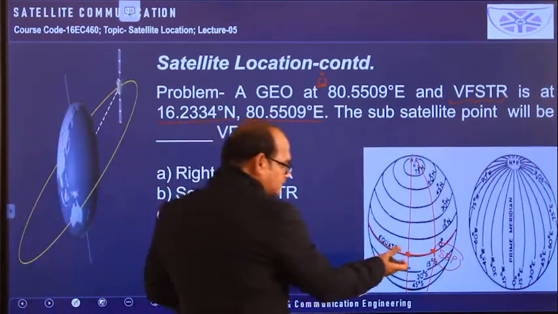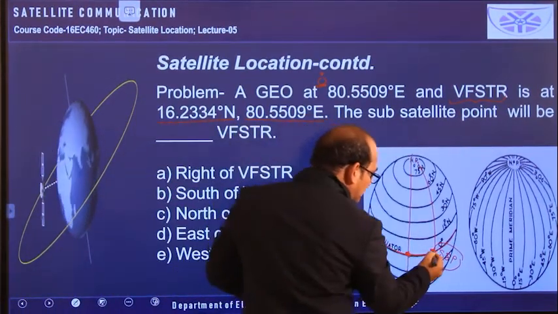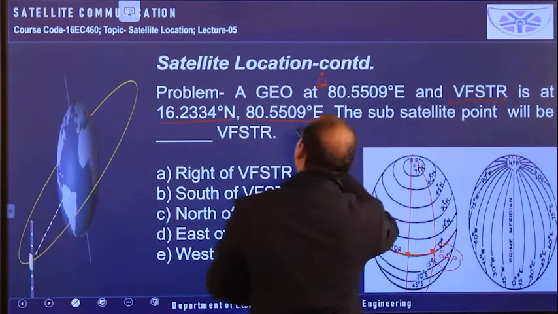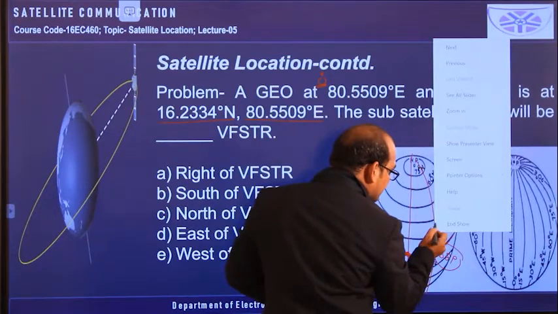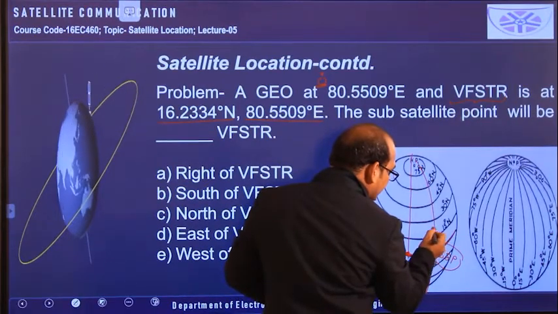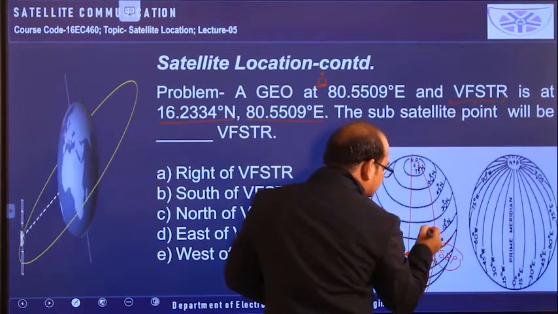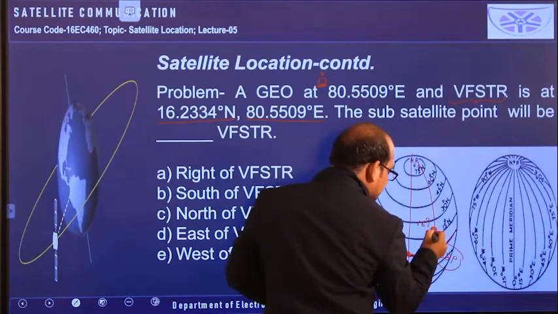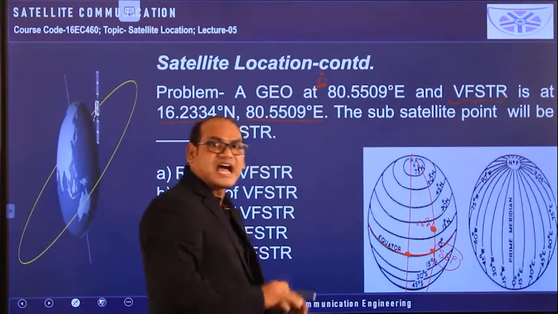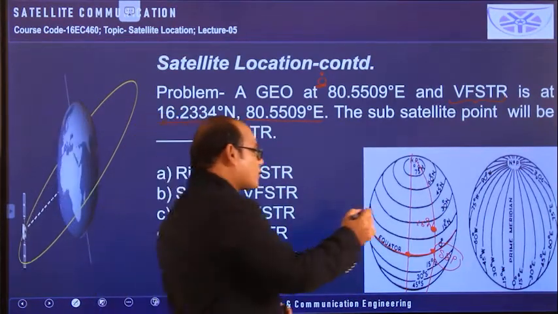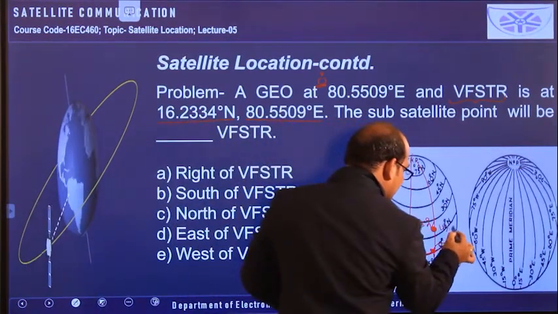So towards the north side we have to travel up to a distance of 16.2334. So 16 means, for example, here I am taking, this is 16 point something. So this is 16 degrees north. This is the location of our Vignan University on the earth surface. This is VFSTR.